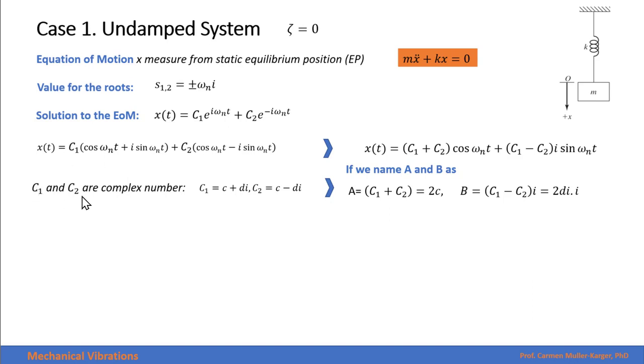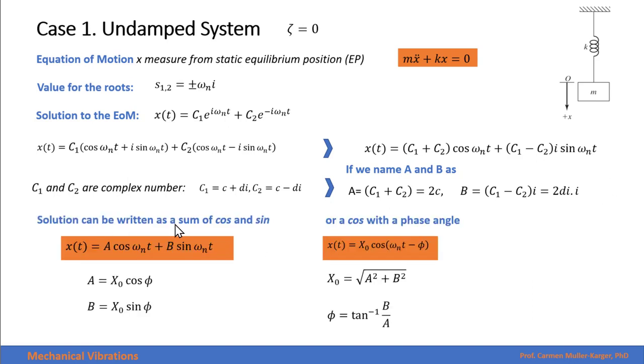But C1 and C2 are also complex numbers, so we can write them in terms of c plus di and c minus di, because those two constants are complex and conjugated.